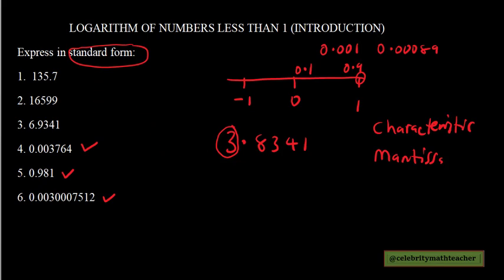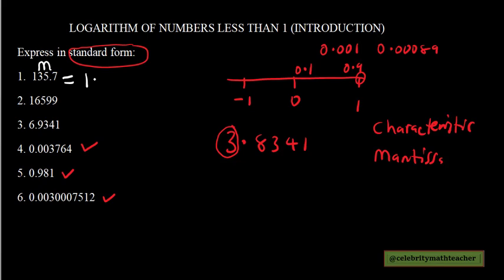So quickly, let's look at what we have under standard form here. To express this number in standard form, we look for where the decimal point is and move it until we get to the first digit, which is a non-zero digit. So if we move it from here, we're going to move it 1 and 2.